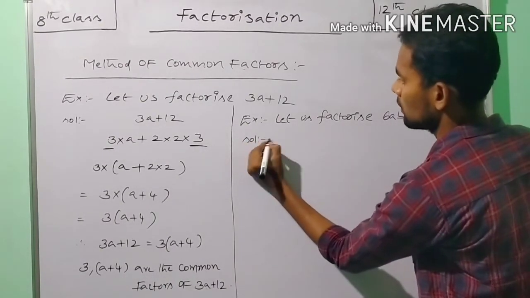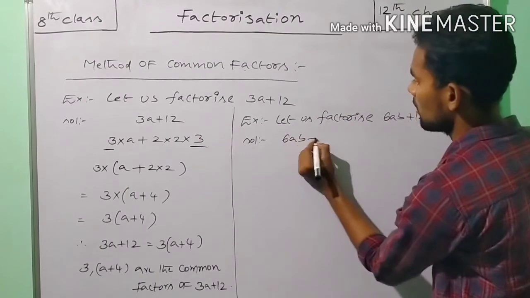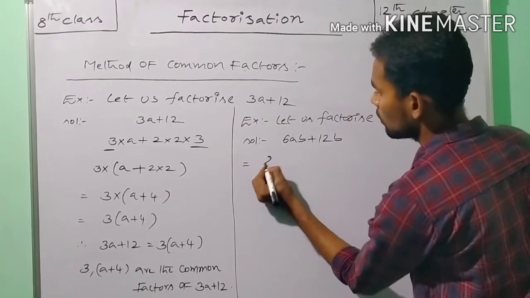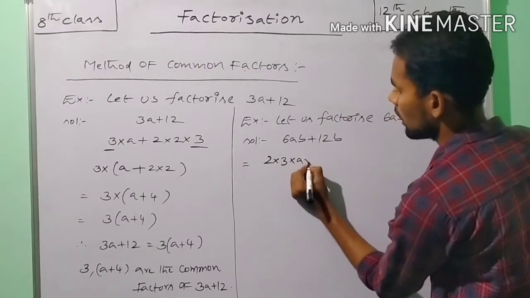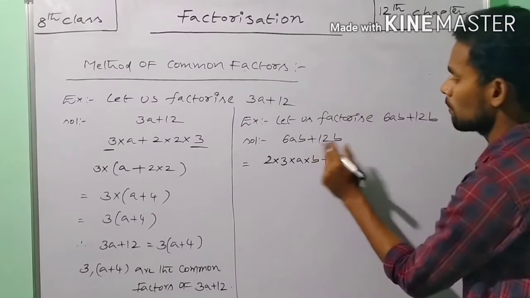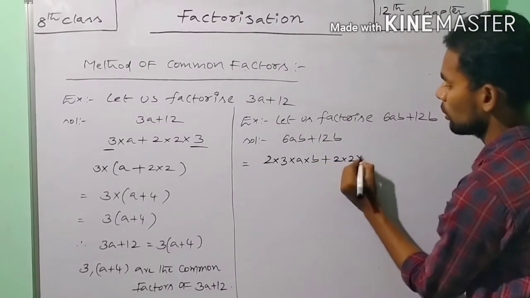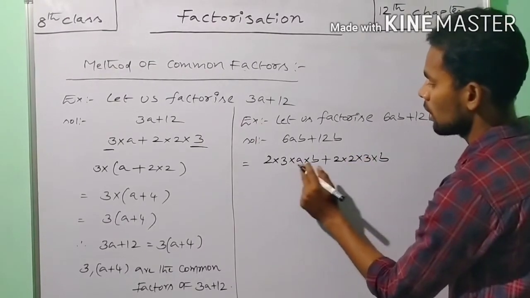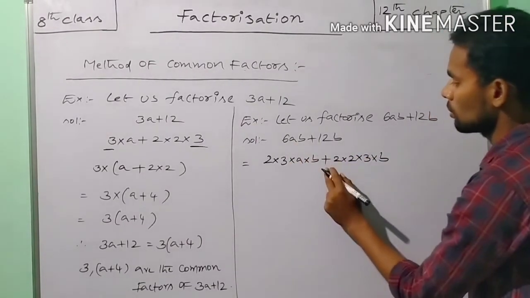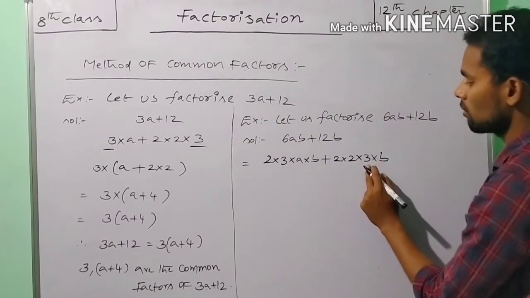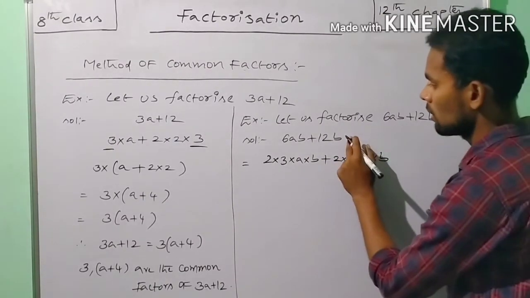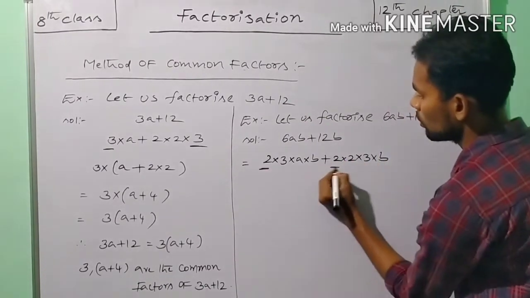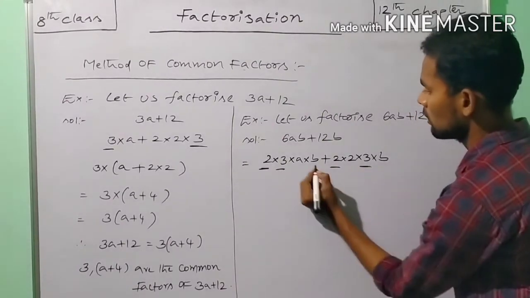Solution: 6ab plus 12b. 6ab means 2 into 3 into a into b. 12b means 4 3s are 12, 12 into b. What is the common factor of both terms? 2, 3, b.